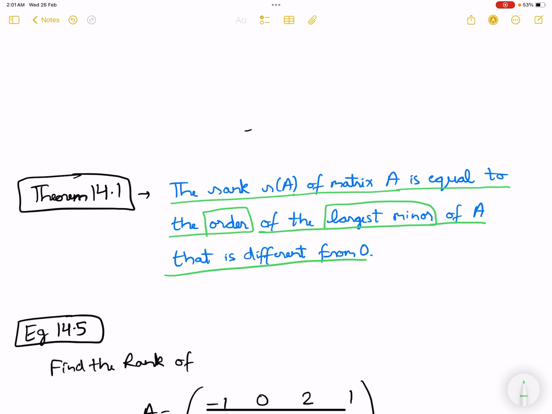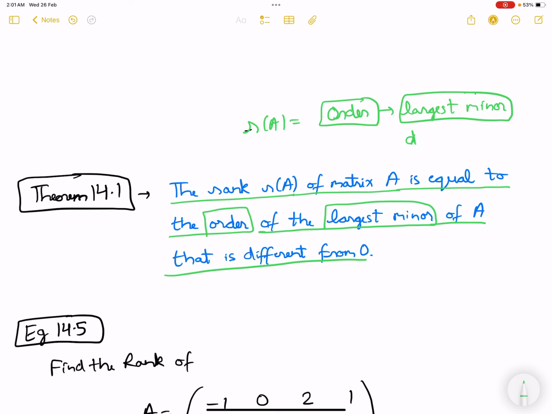So basically, the rank of A is the order of the largest minor that is different from 0, that is not equal to 0.